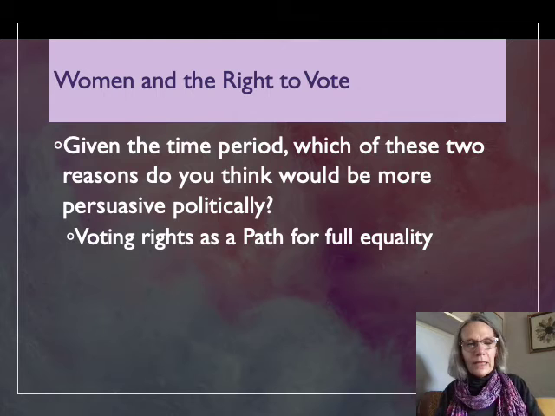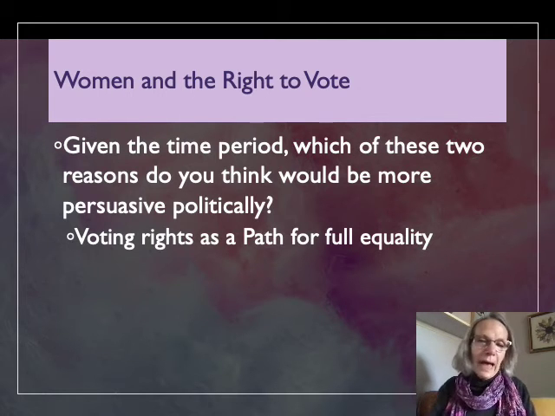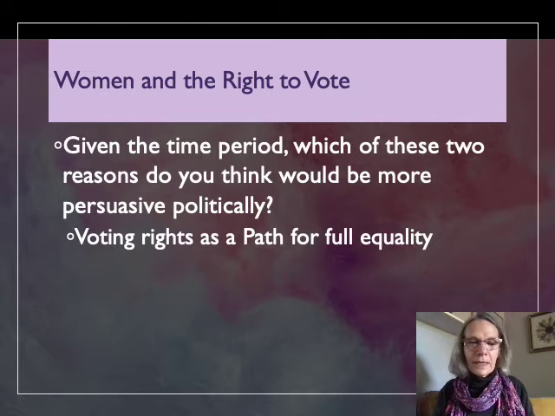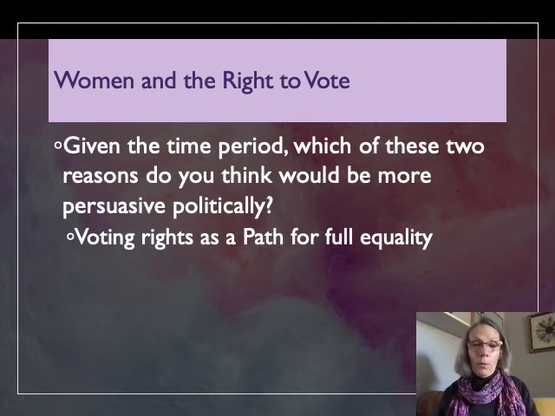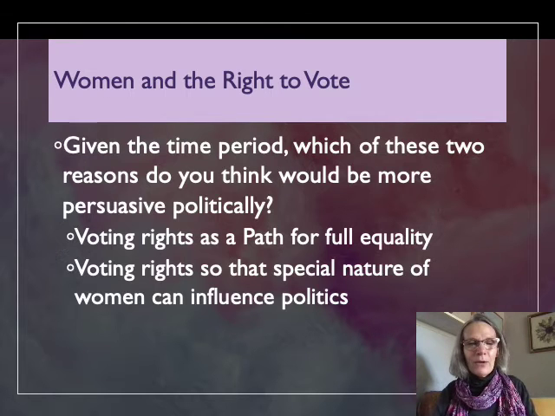And so do you think that voting rights as a path for full equality would have been more persuasive, basically making the argument that men and women aren't different, they both deserve political rights, and this is a first step to achieving the American creed of all people being created equal?